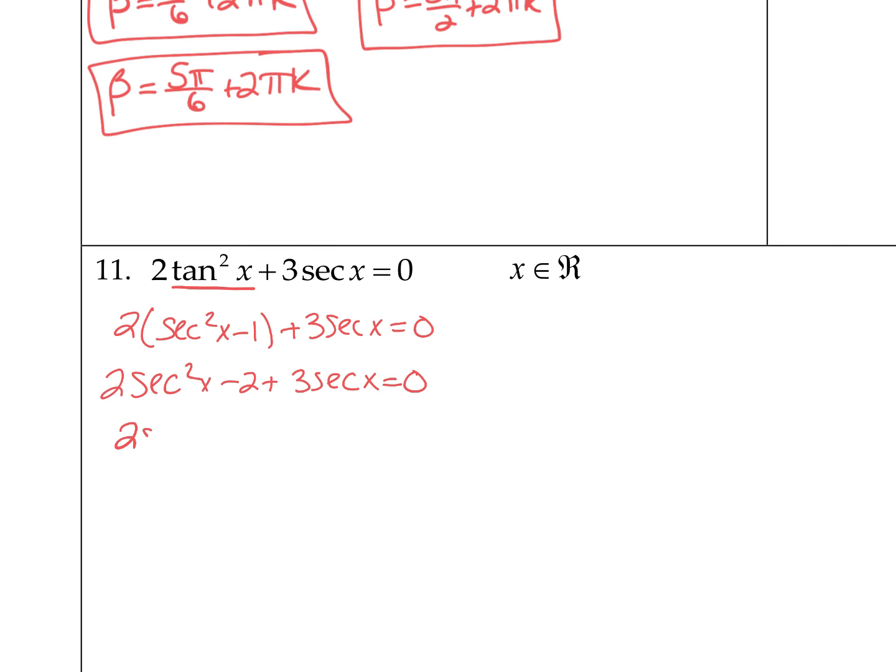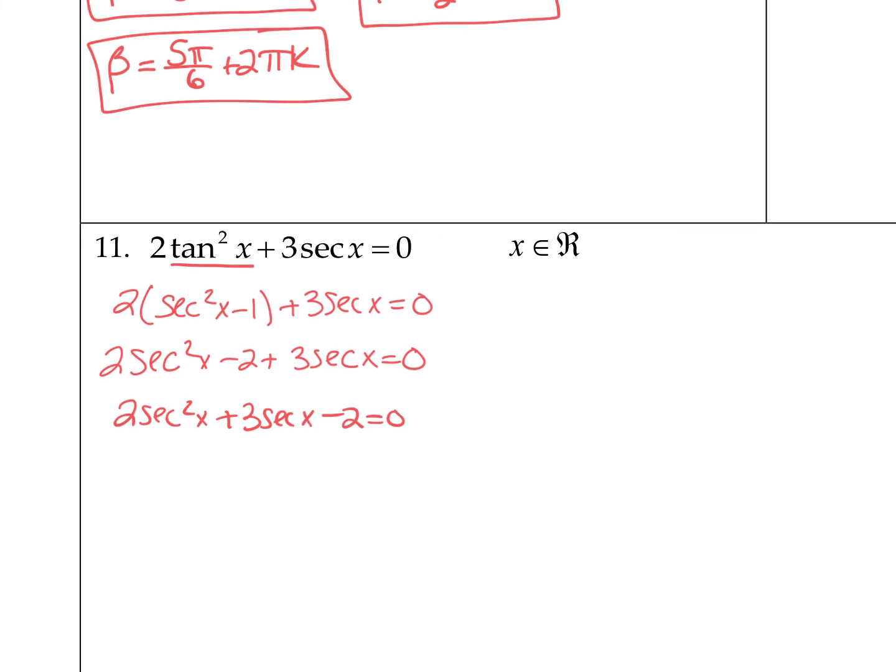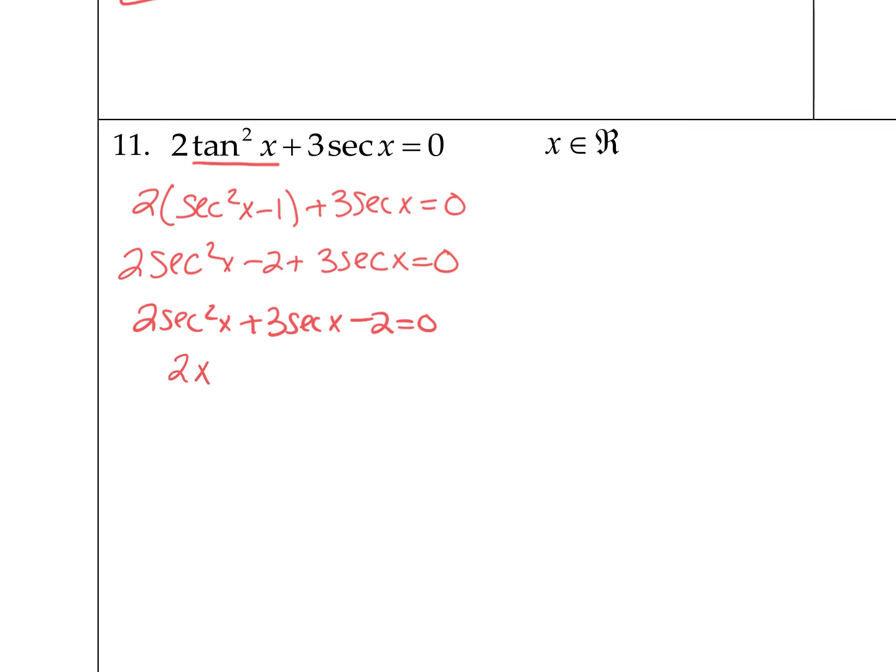So I'm going to do some rearranging because this is a trinomial. And so I'm going to think about this as 2x squared plus 3x minus 2. So that'll factor 2x and x, and then I need a negative 2 but a positive 3. So if I do plus 2, that gives me 4. Minus 1 would give me 3.